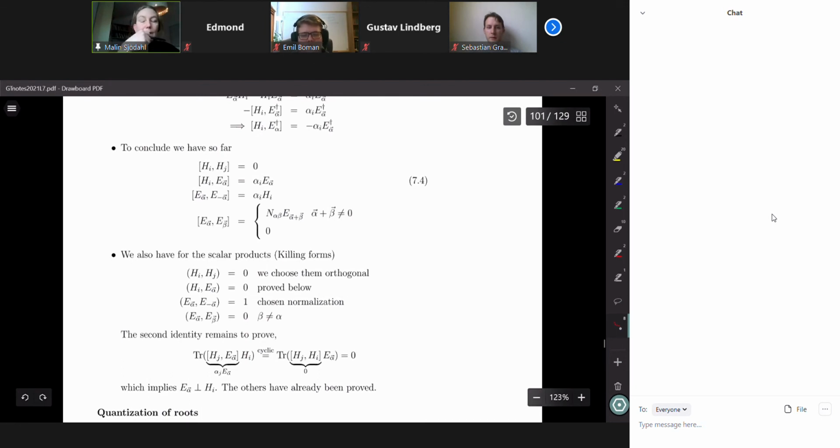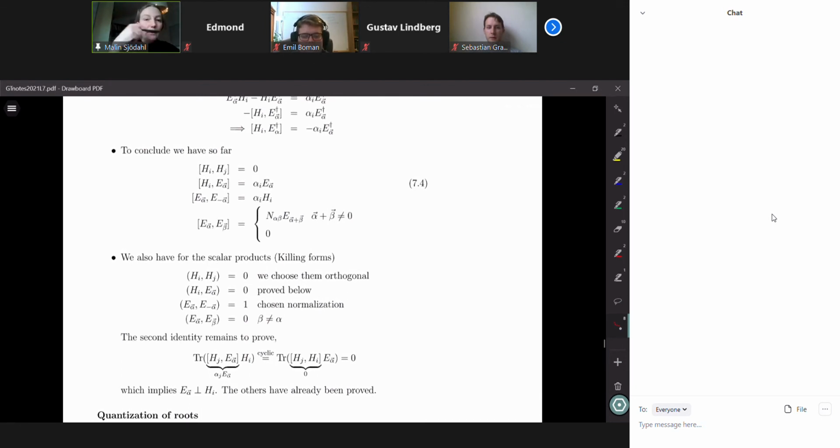Okay, and here I collect results that we have learned so far. So we had H_I and H_J commute because they are in the Cartan subalgebra. I had that the commutator of H_I and E alpha is alpha_I E alpha, which I required from the E's because I wanted them to be step operators.